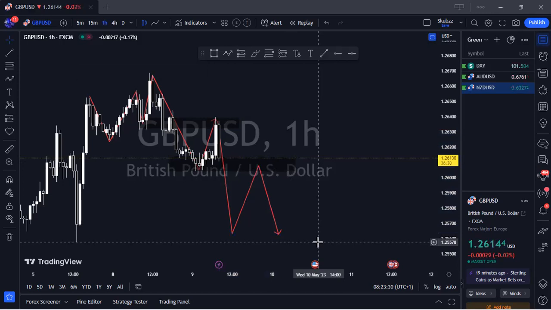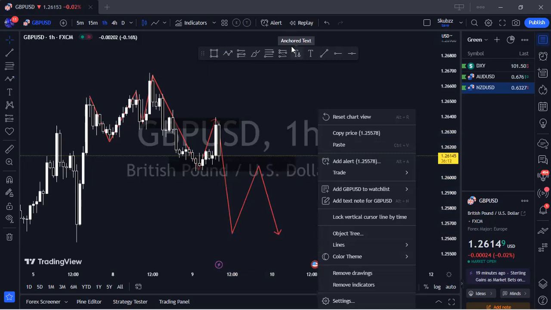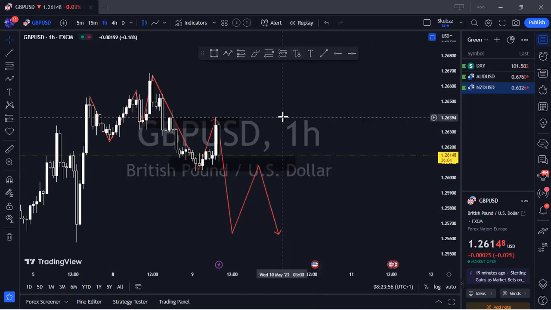Any other pair you guys want us to take a look at? Any other pair you guys want us to take a look at before we do?